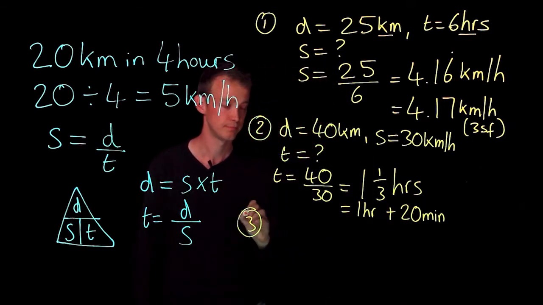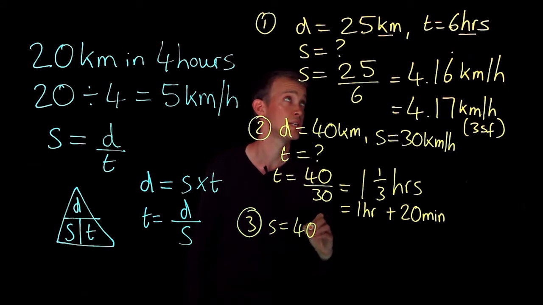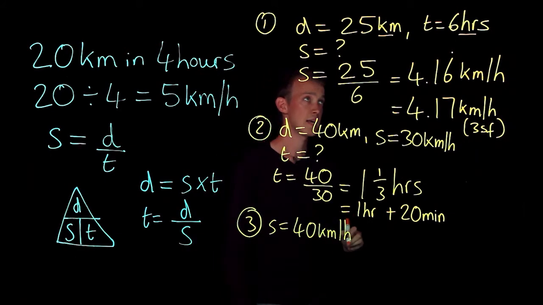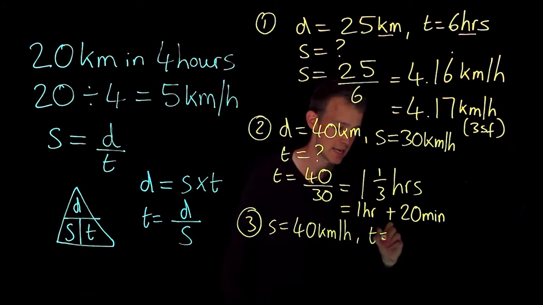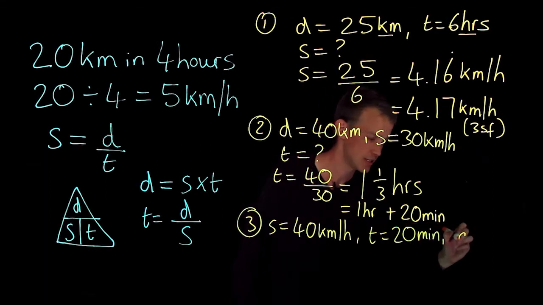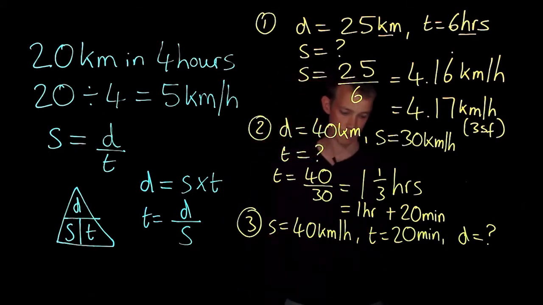Third example. This time I've got an average speed of 40 kilometres per hour. And the time it takes me to travel my journey is 20 minutes. And I'm trying to work out what the distance is going to be. Now notice something about my question.